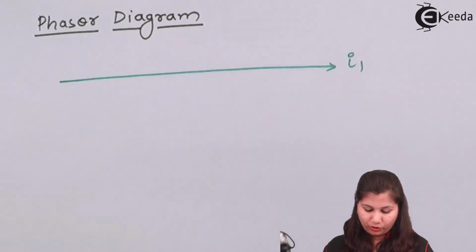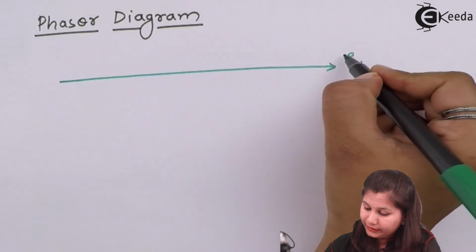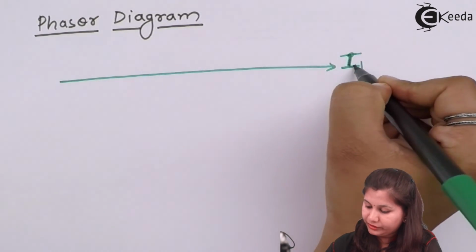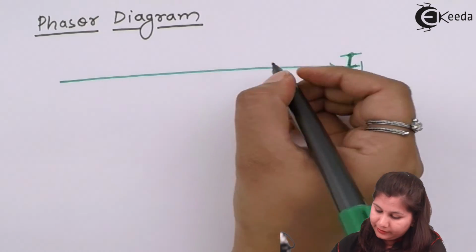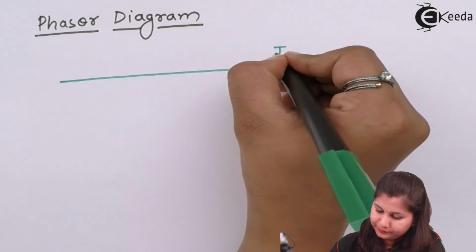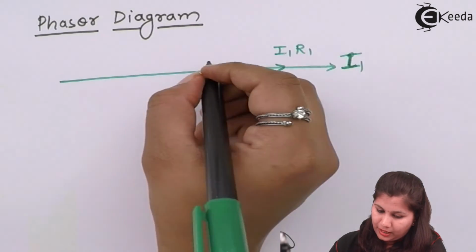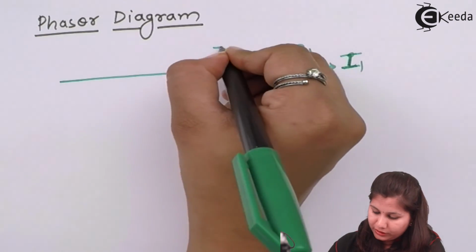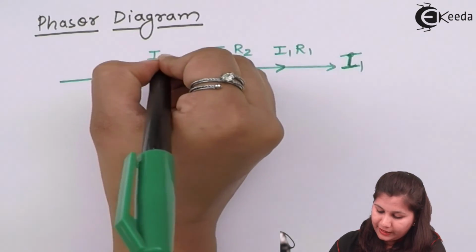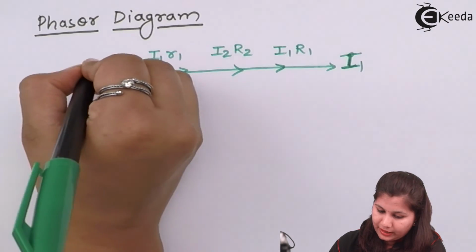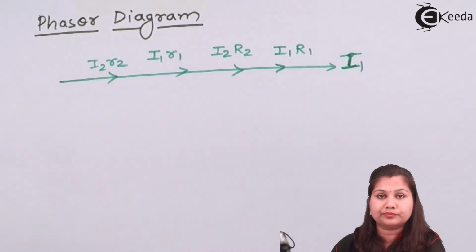So here we have drawn this current. This is I1. Okay, so I1 R1 will be drawn on the same line. I2 R2 will also be drawn on the same line. Then we are having I1 small r1 and I2 small r2.